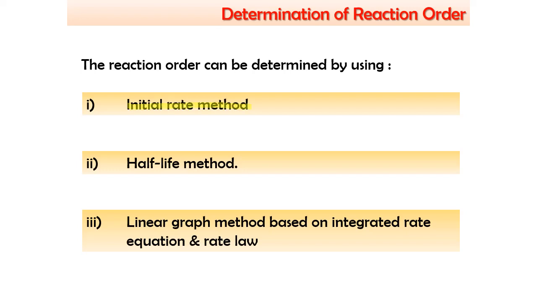The second one is by using the half-life method, which is where you plot a graph of concentration against time. And the third method is by using the linear graph method. For this one you need to refer to the integrated rate law equation.